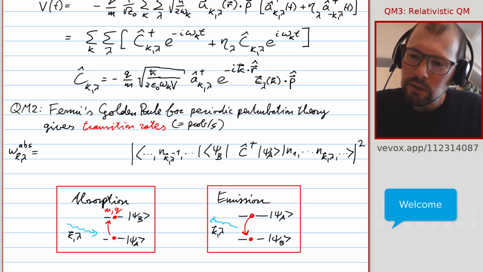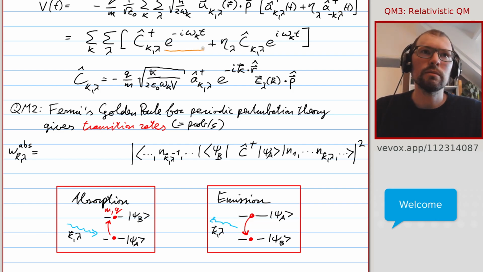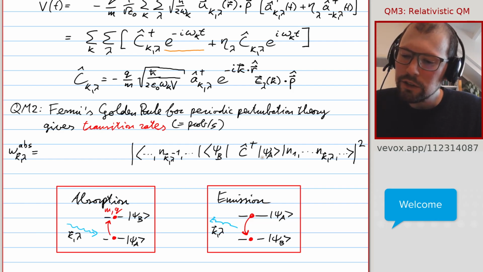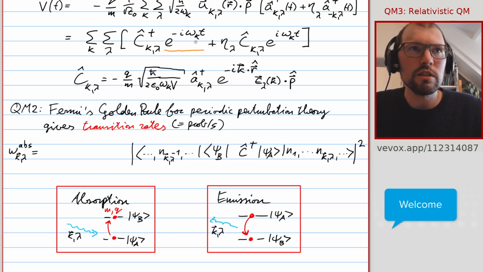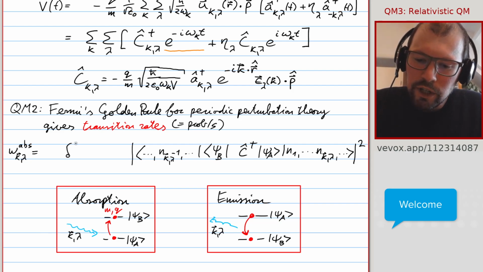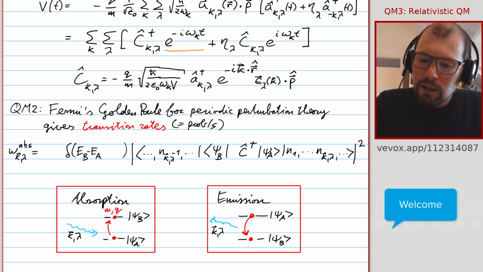But we should also take into account this phase in the perturbation. It tells us that this transition can only happen when the energy of the initial state and the final state differs exactly by the energy that sits in this phase, namely this omega k. So this rate will only be nonzero if the energy of state B minus the energy of state A is equal to the energy of the photon.